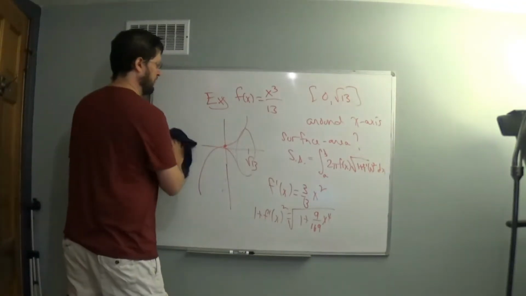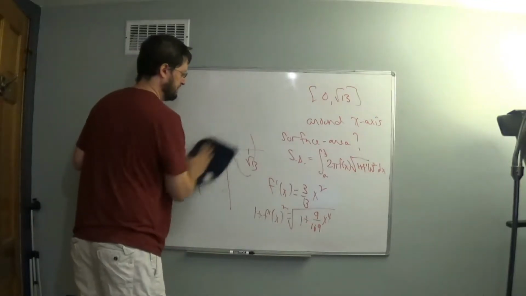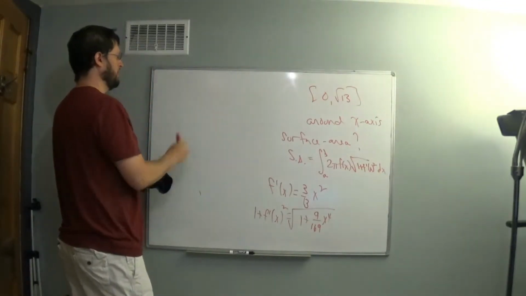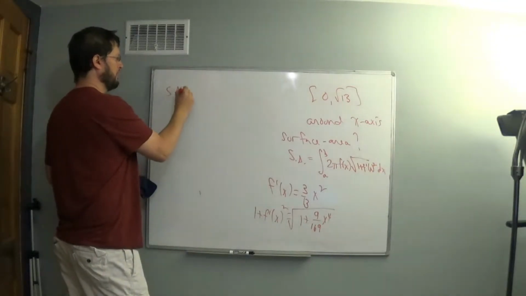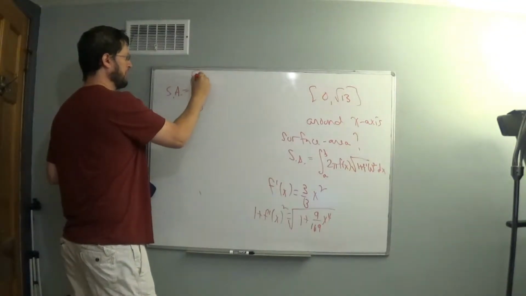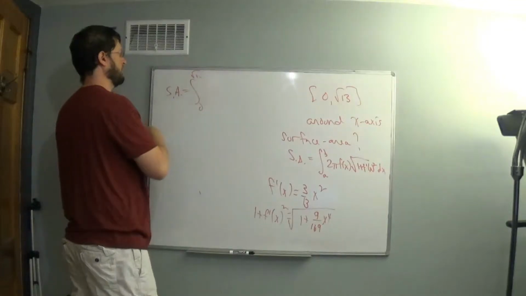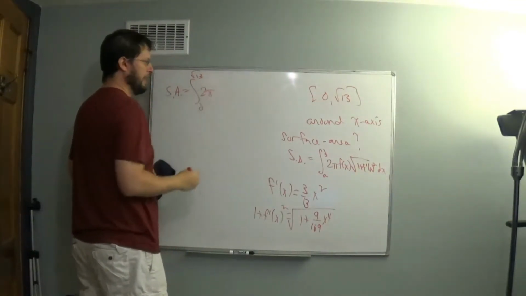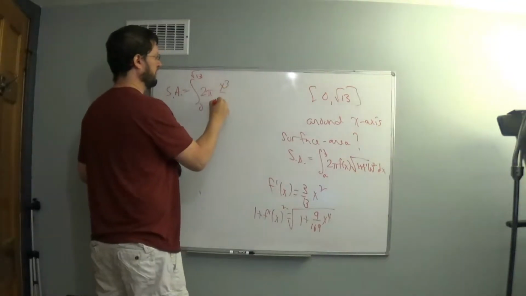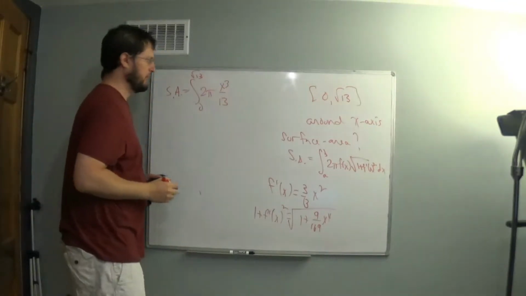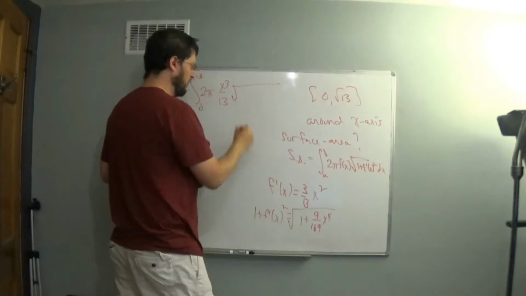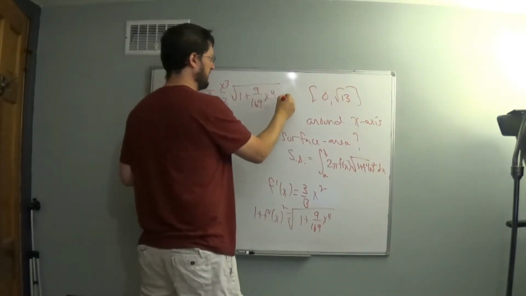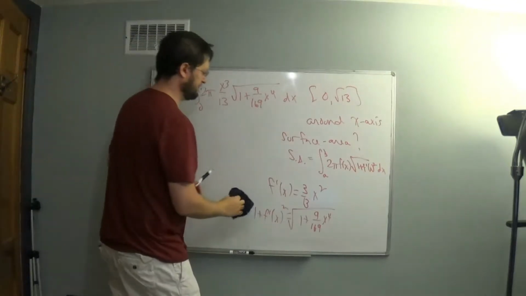So let's put that formula together. Surface area will be the integral from 0 to root 13 of 2 pi, f(x) is x cubed over 13, square root of 1 plus 9 over 169 x to the 4th dx.